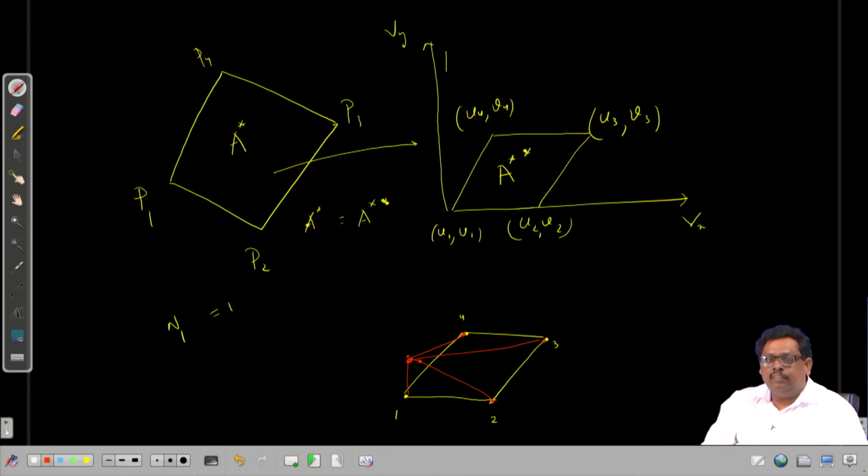Now, what is the expression for N1 in that case? That means at (-1, -1) it takes the value 1, and at all other points it takes the value 0. So what would be the shape function N1?